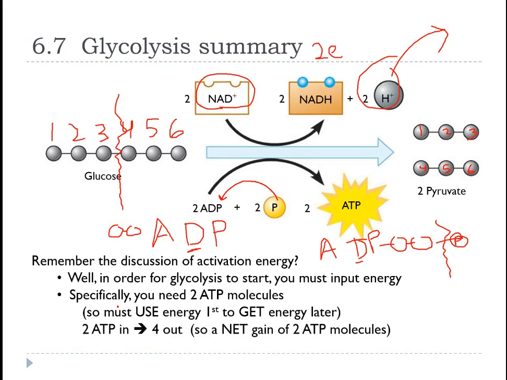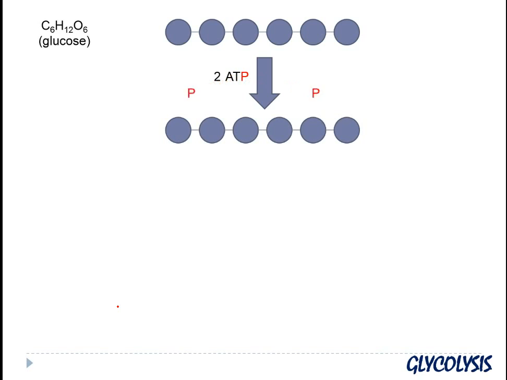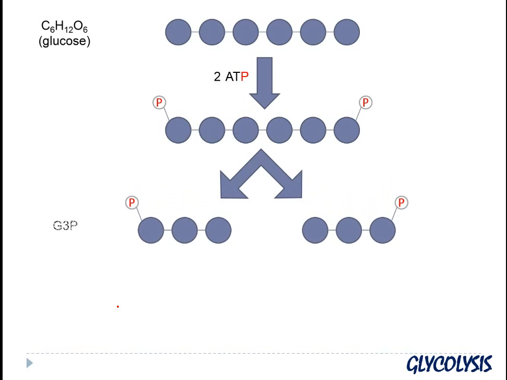So what we're going to do is, if you look at my next slide, you'll see that we have our 6 carbon molecule. It costs us 2 ATP to break it in half. And then what happens is, through this process, we've harvested some energy. Those phosphates that did get put on there to break it in half, we can harvest those.